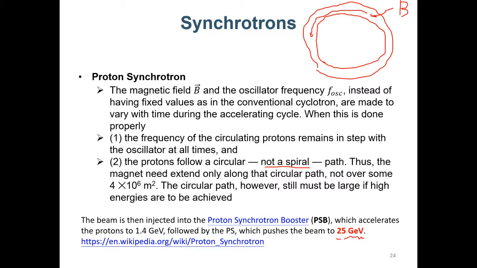Then physicists try to disassemble it, and we know that there are protons, with positive charge and some mass, something like 1.67 times 10 to the minus 27 kilogram.